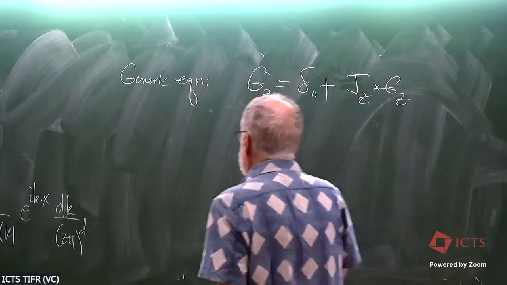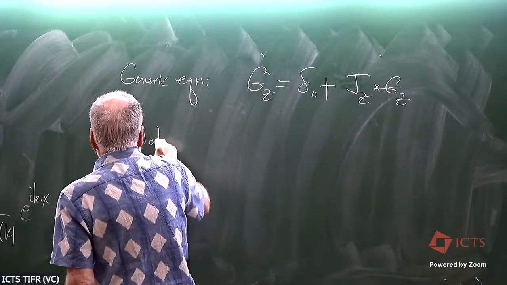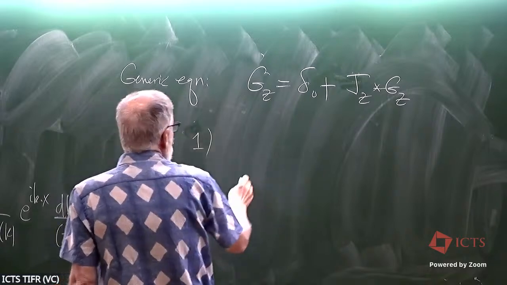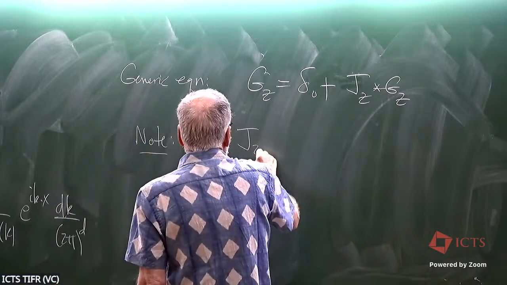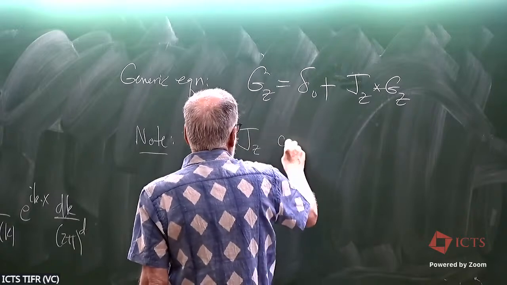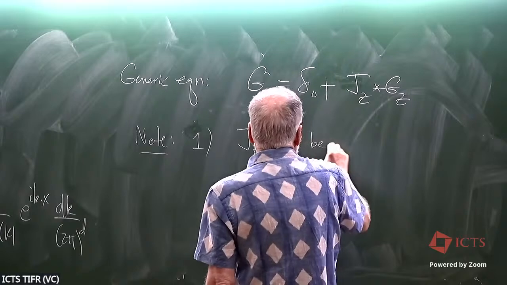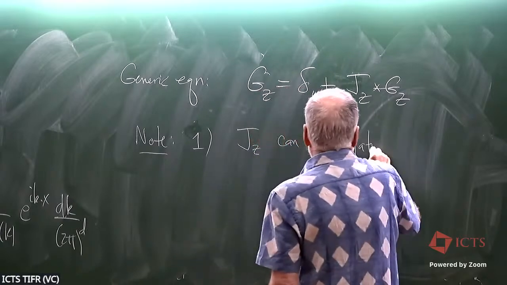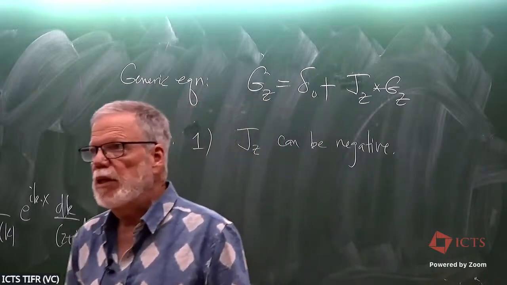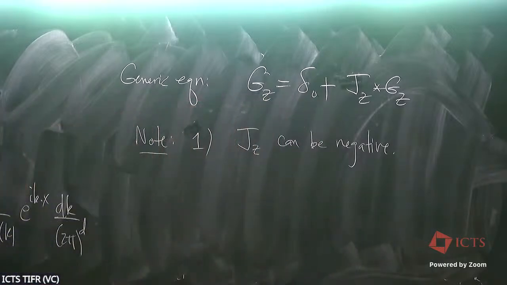And two things to note that are important. First one is that Jz can be negative. It's not a probability distribution necessarily. Because this P is supported on neighbors of 0, if we're talking about nearest neighbor model.